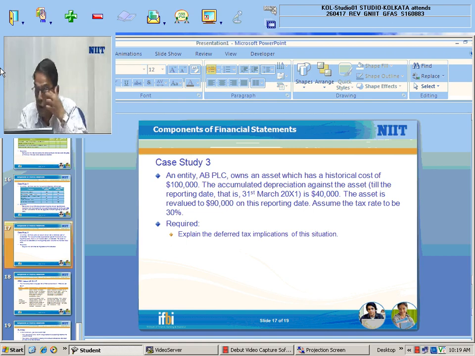Explain the deferred tax implication of this situation. The carrying value of the asset on 31st March 20X1 is 60,000.